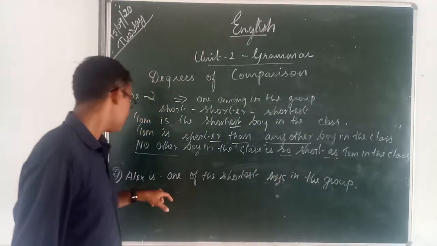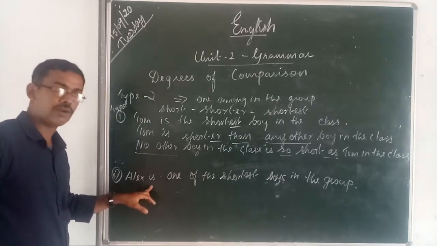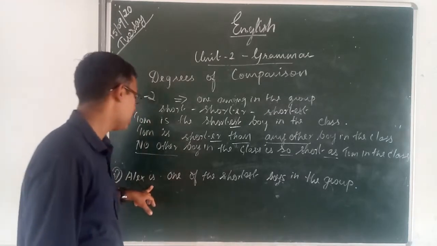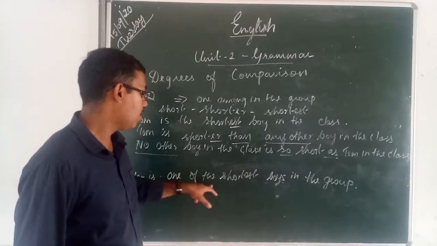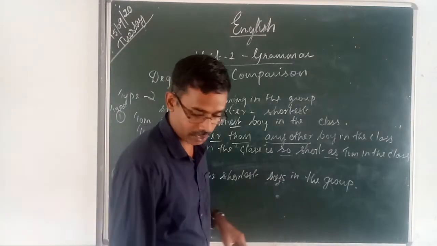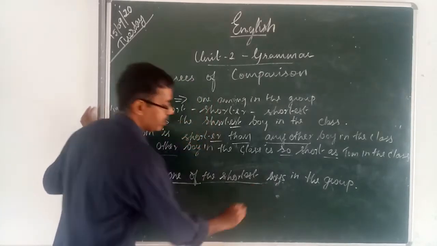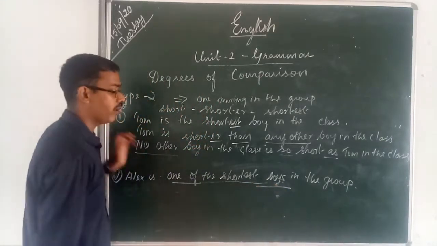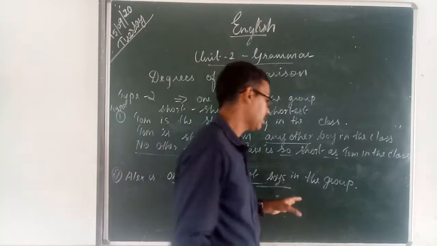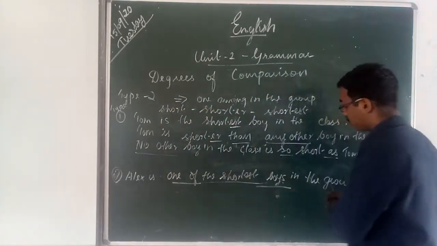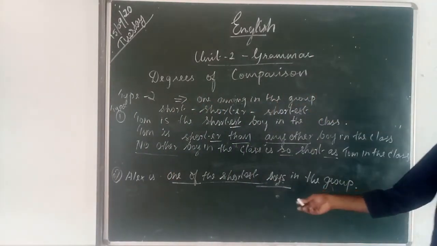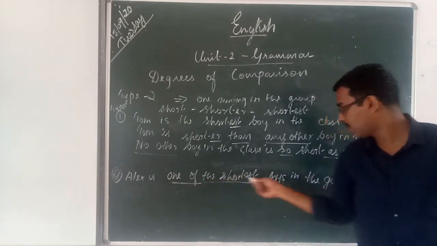For that, you can use Alex. Take a boy's name as an example. Alex is one of the shortest boys in the group. That is the important thing: one of the shortest.